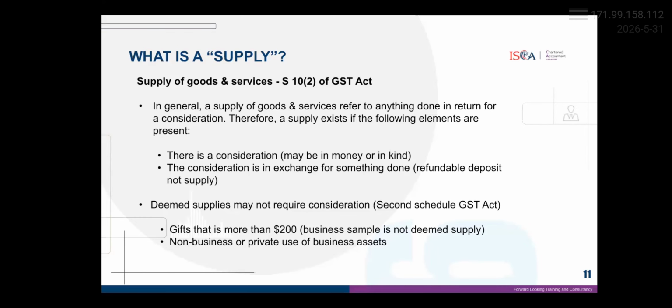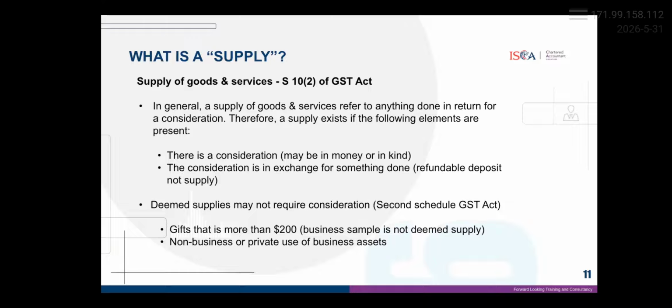If one part of it is missing, strictly speaking, there is no supply. But the Second Schedule of the GST Act can deem certain types of transactions to be considered a supply, which then falls within the ambit of the GST Act, and therefore GST may be applicable.